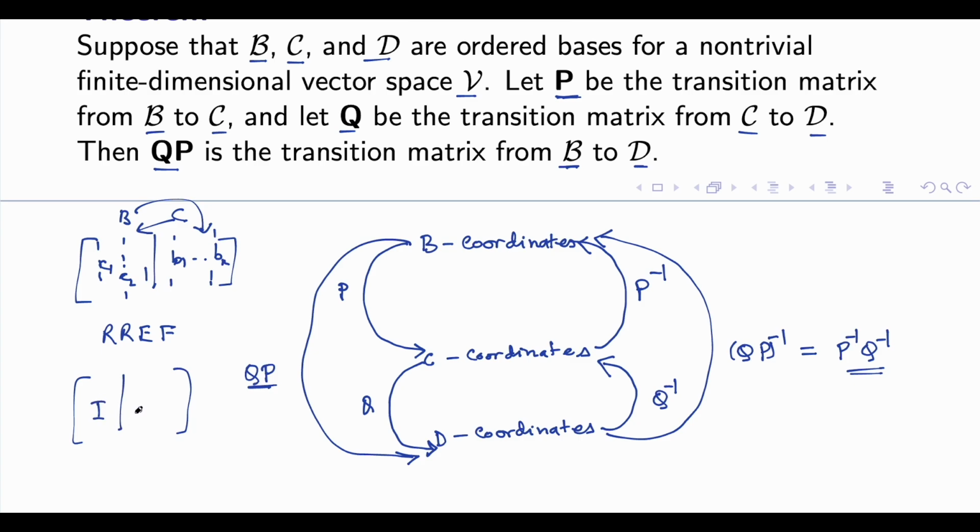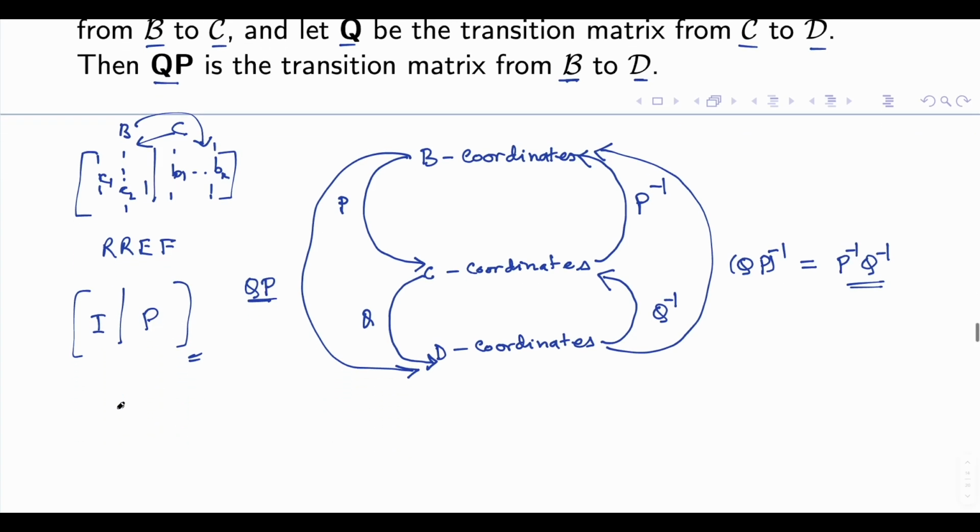Here you will get I and here you will get P. So this is how the transition matrix works, and the transition matrix is non-singular, so P inverse also exists.